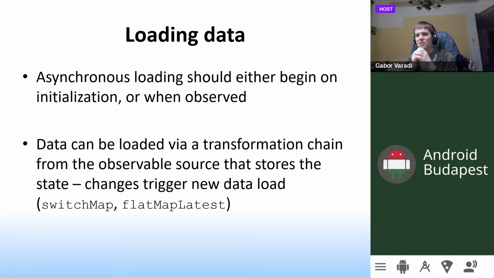Yes, so loading data, it should be asynchronous. I have mentioned this before, but when do you do that? You either do it in something like viewModel init, which is the initialization, not in savedInstanceState equals null inside a fragment. That will not work. Or when observed. And this is key and important because, for example, why would you want to keep reloading data if you have something that is polling for some reason?